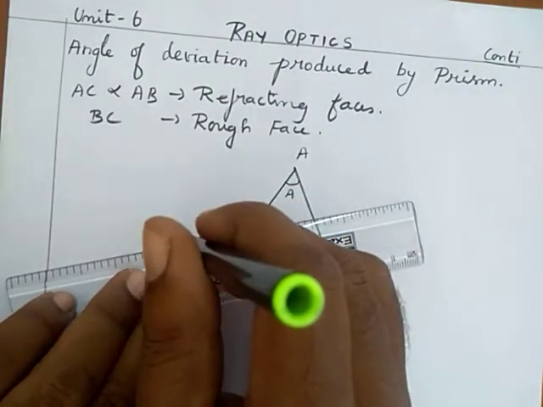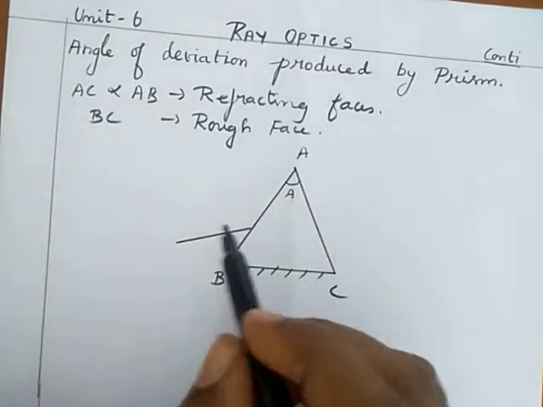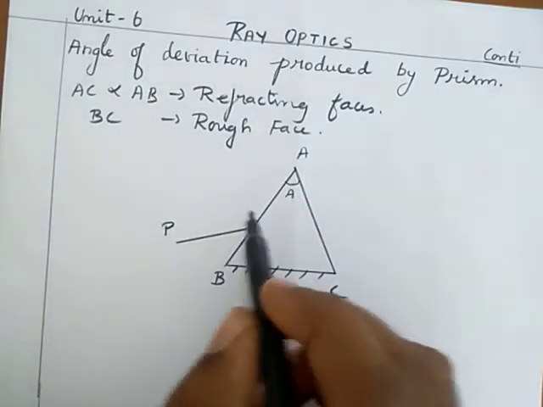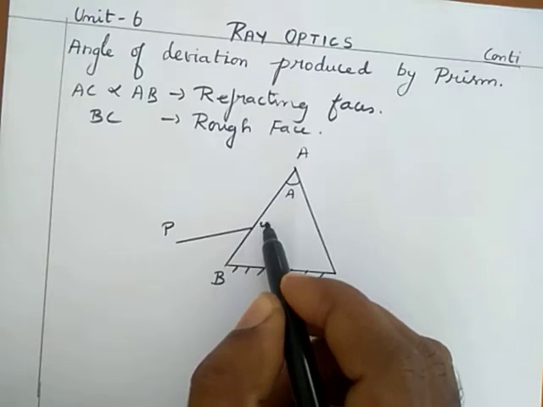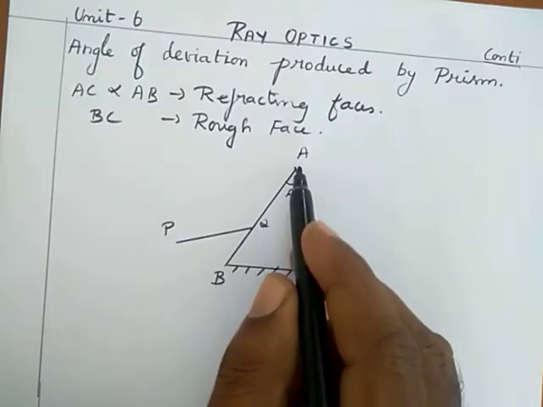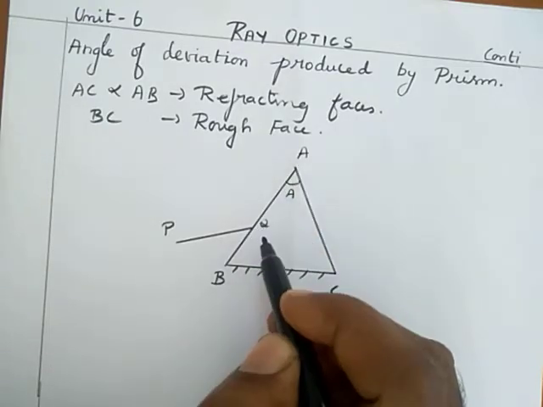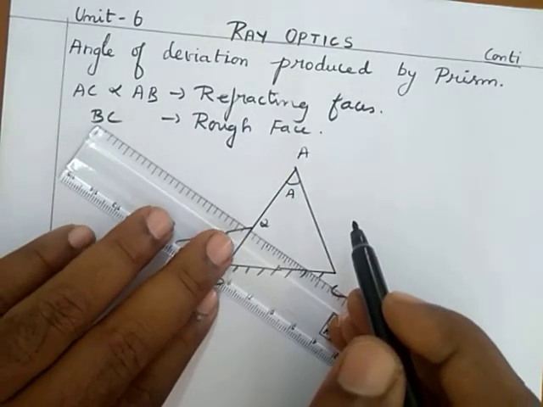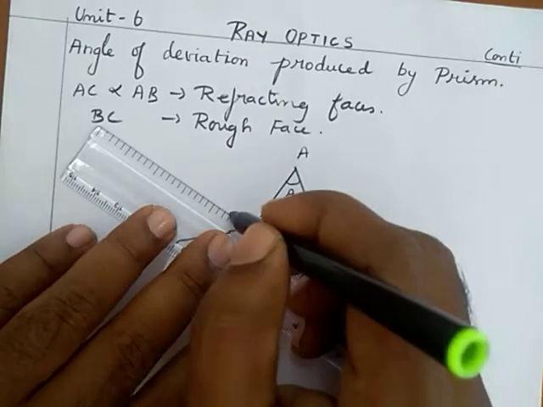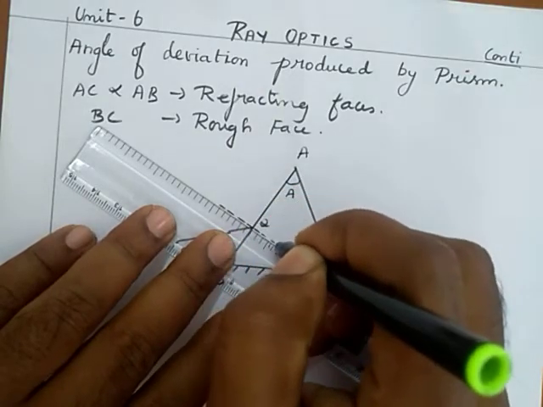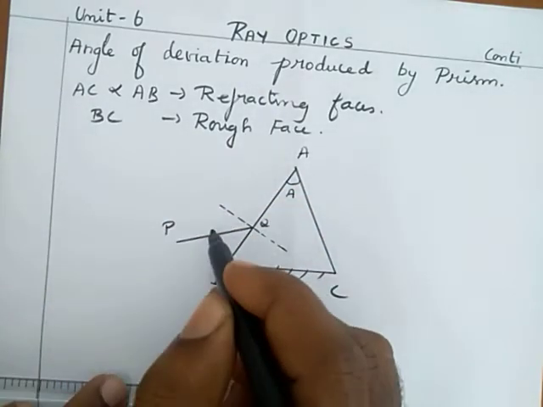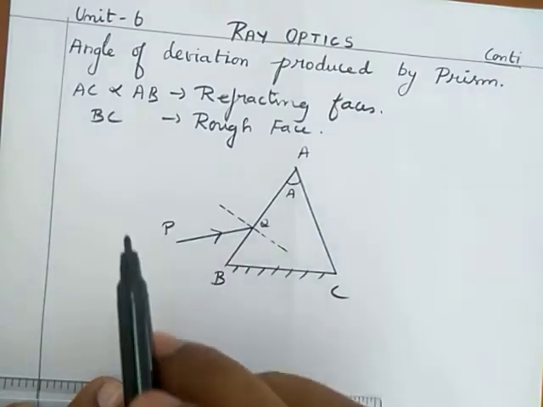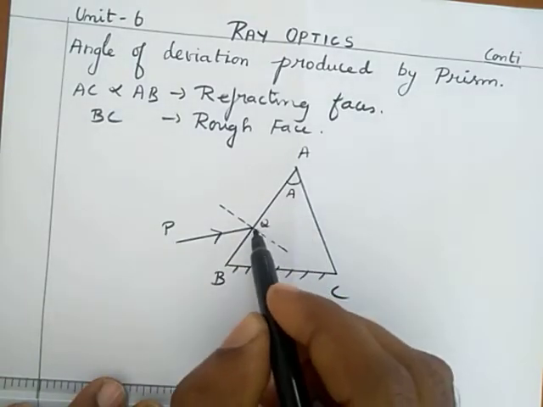named PQ. It is incident at the point Q in the prism, at the side AB. At that point I draw a normal. Here we know the ray of light traveling from a rarer to a denser medium will bend towards the normal.